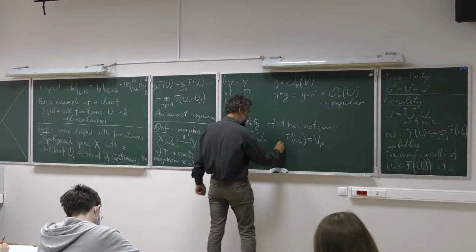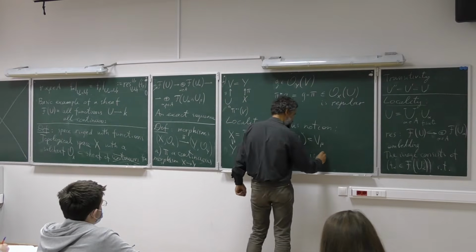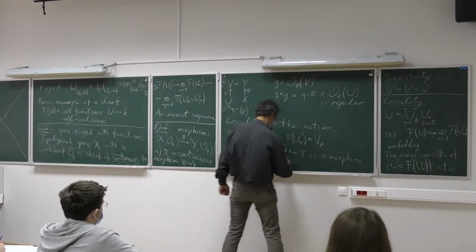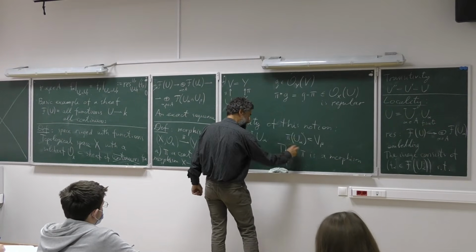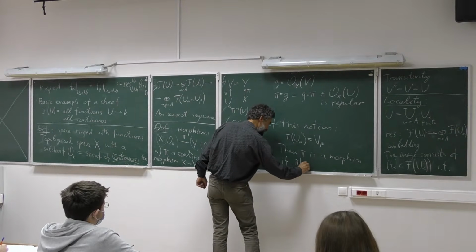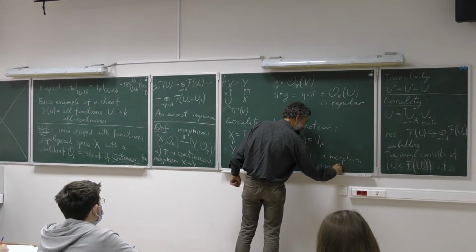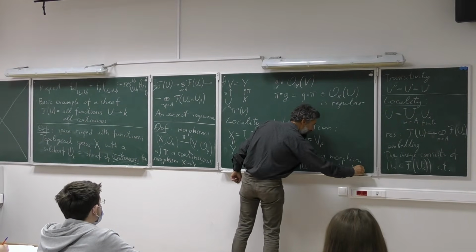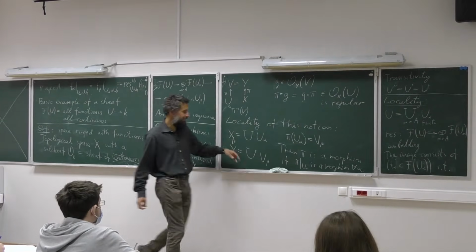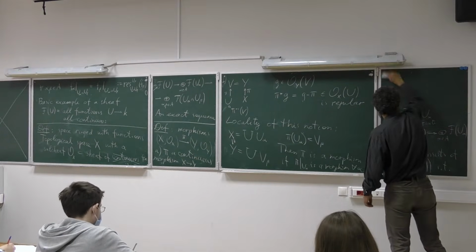Then pi is a morphism if pi restricted to U alpha is a morphism for any alpha. So you can check this property of being a morphism locally.